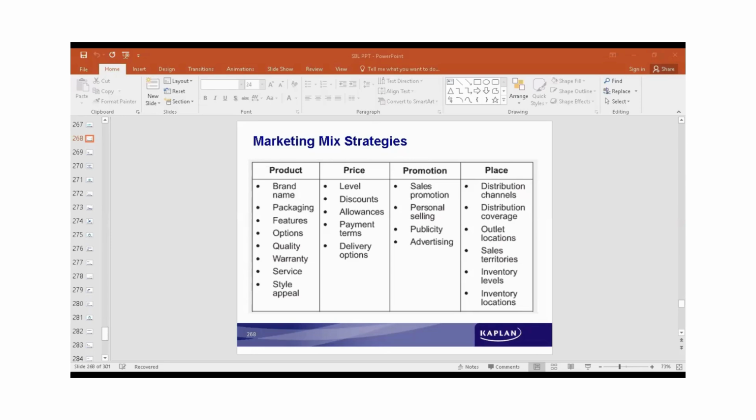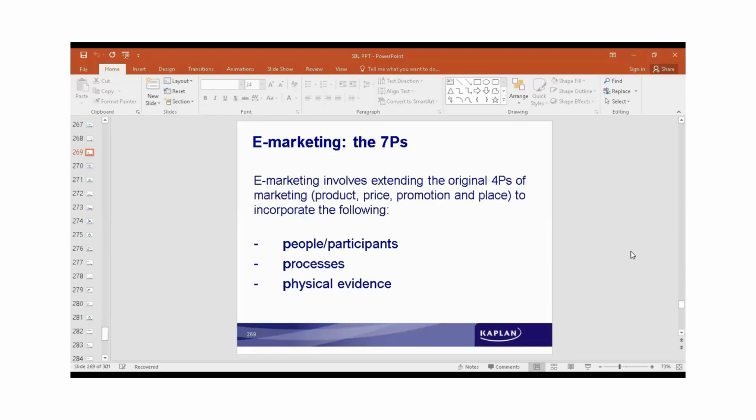Then we see marketing, when it has become e-marketing, on the electronic platform, that has added another 3 P's to the existing 4 P's, which are people or participants, the processes, the way it is being processed, and the physical evidence about how things are taken up.